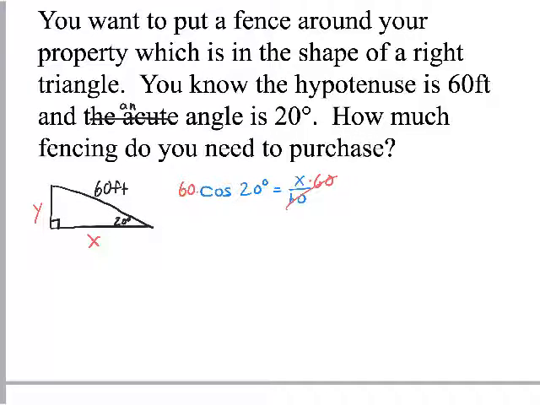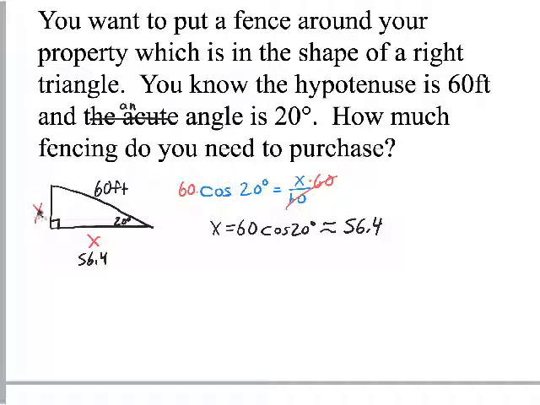When I do that, I get x is equal to 60 cosine 20 degrees. Then we approximate that using our calculator, which would be 56.4. So this right here is 56.4.